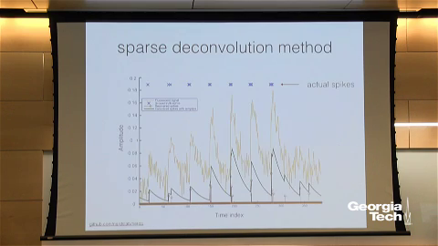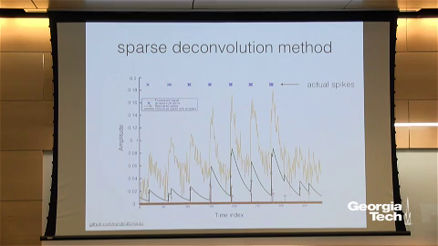During my PhD, I developed a method for doing spike inference from calcium signals. This is an example of the results, where we have the ground truth spikes simultaneously recorded with electrophysiology. Here I'm showing the actual fluorescence signal, the calcium signal that we want to deconvolve.